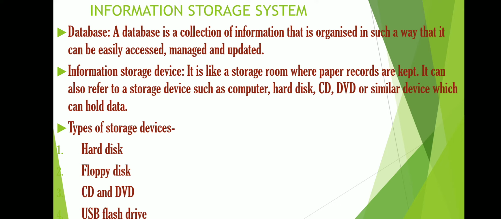The main thing is the information which is written by someone and read by someone. Information in a soft copy or electronic manner is known as a database. So a database is a collection of information organized in such a way that it can be easily accessed, managed and updated, and it should also be electronic.